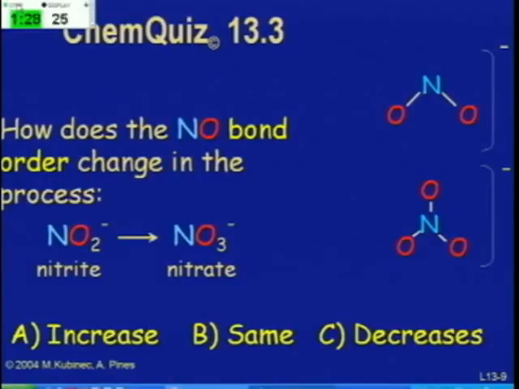Let's vote. NO2 minus and NO3 minus. We're starting at NO2 minus, ending at NO3 minus. Is my bond order going to increase, decrease, or stay the same?